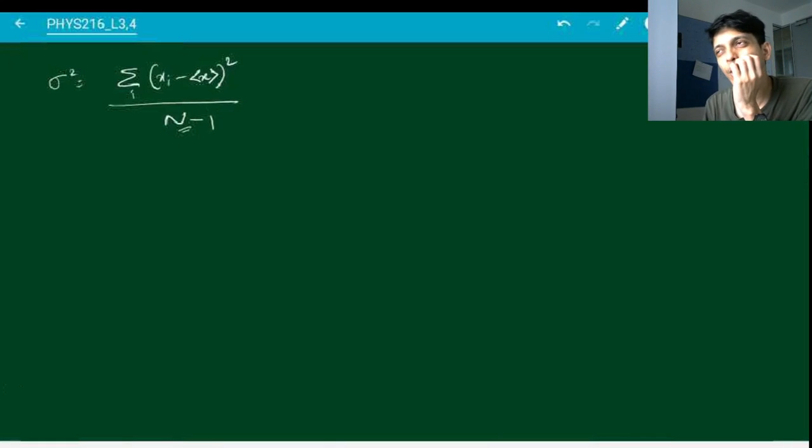There is a very subtle point regarding why it is n versus n minus 1. It has to do with degrees of freedom. I don't think I want to discuss that right now.